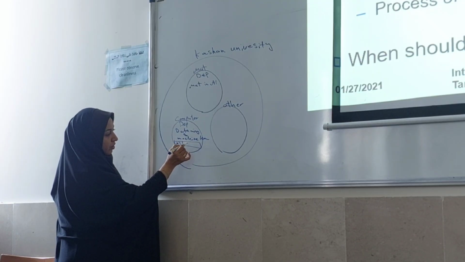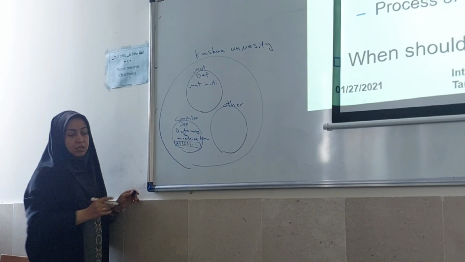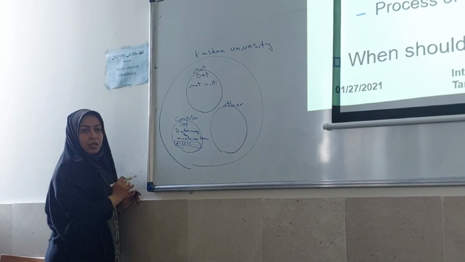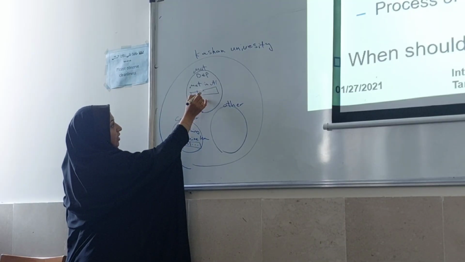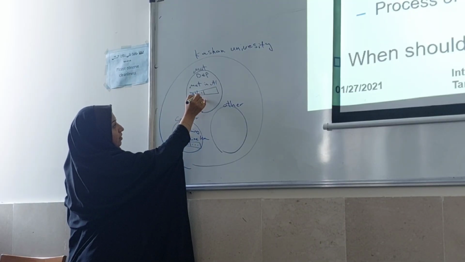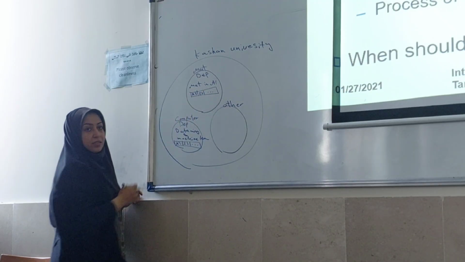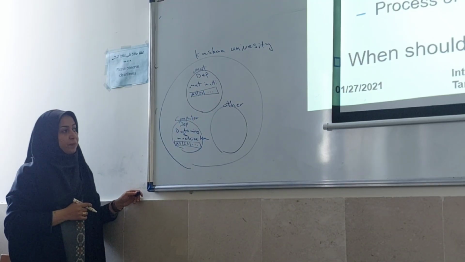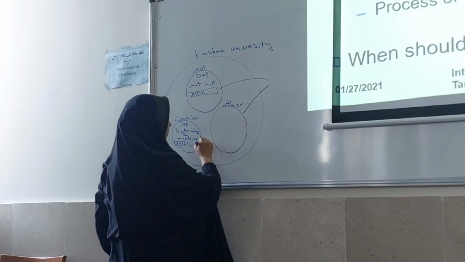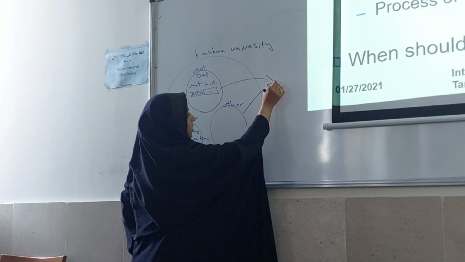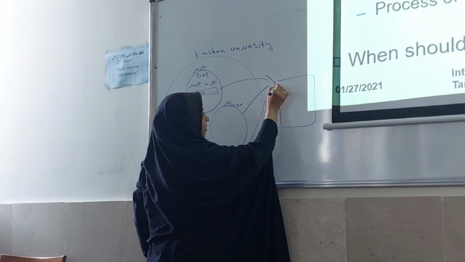Ali, for example, 23 and other information, is written in the computer department. And this record is written in the mathematics department. Okay? We are merging these records in one database.